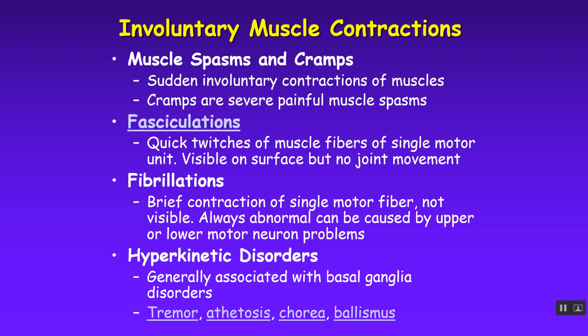Cramps are a more severe and painful form of a muscle spasm, but the definitions on these get a little murky, and I'm not going to try to trip you up on the exam, spasm versus cramp. Just know that those can be associated. People with normal neurologic systems can have spasms and cramps, and there's some evidence that it is related to a neuromuscular control issue.